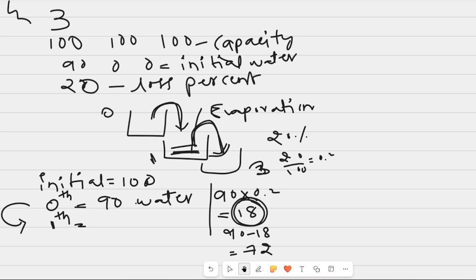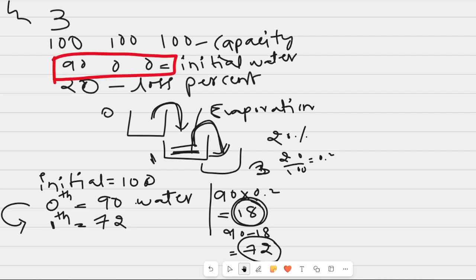So this much water will flow into and be stored in the second chamber, so 72. And one more thing: here the initial capacities are given, the initial water.